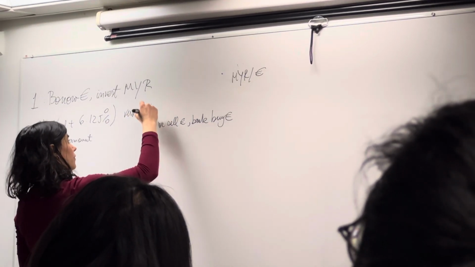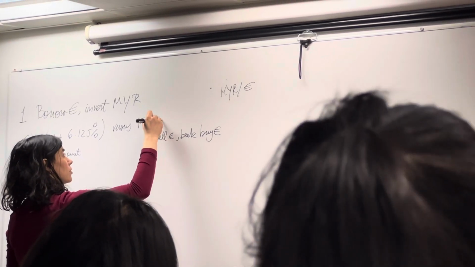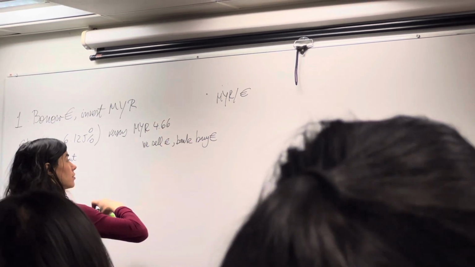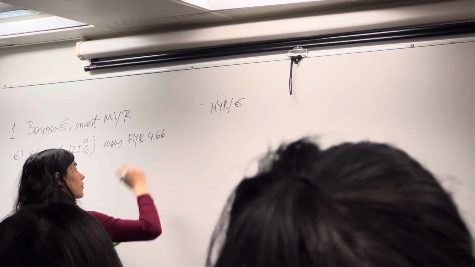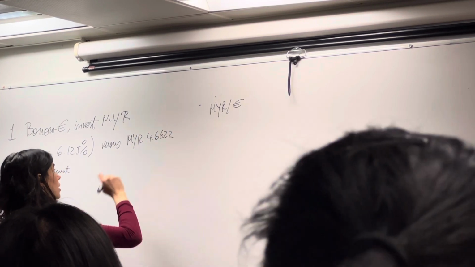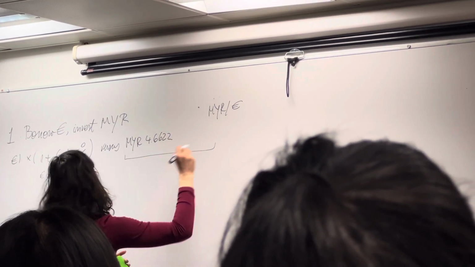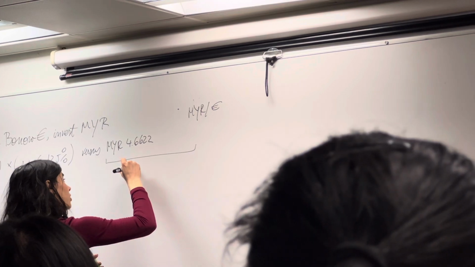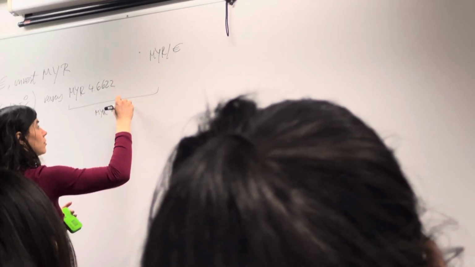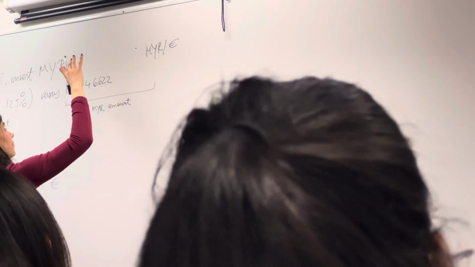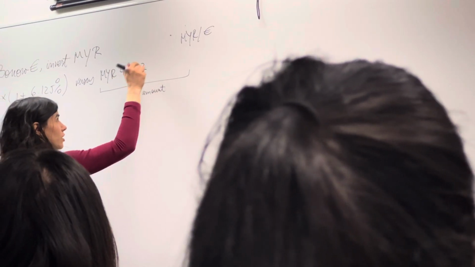So 1 euro gives you 4.6622. This will be an amount in Malaysian ringgit. So now, with 1 euro, we transformed it and we got 4.66 Malaysian ringgit.